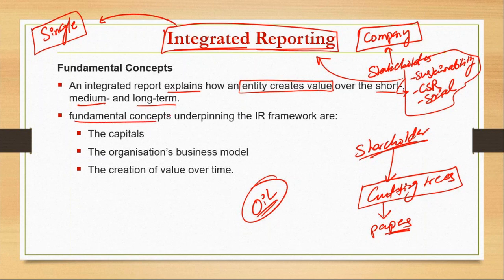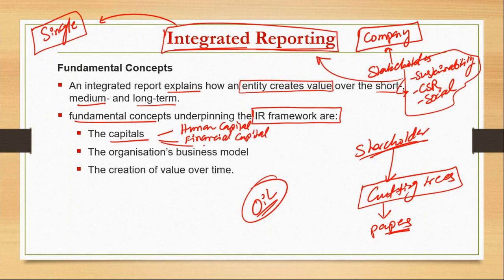So the fundamental concepts underpinning the IR framework are the capitals, such as the human capital, the financial capital, and the natural capital. These are different types of capitals that a company usually uses in its operations.